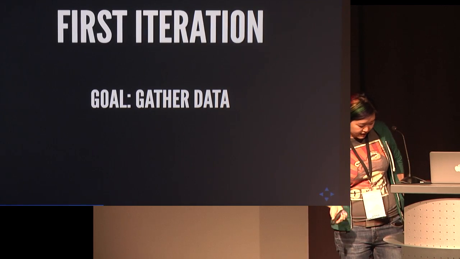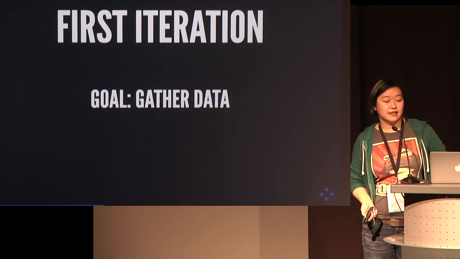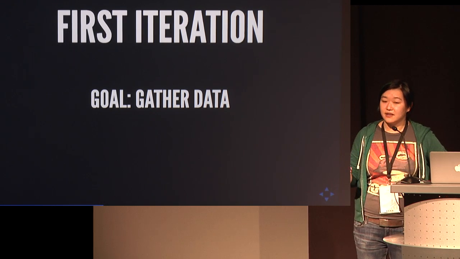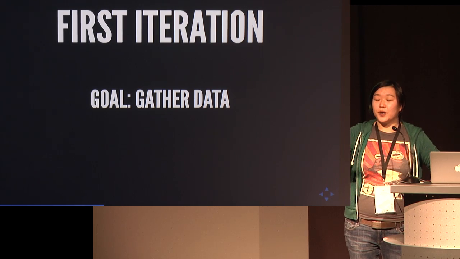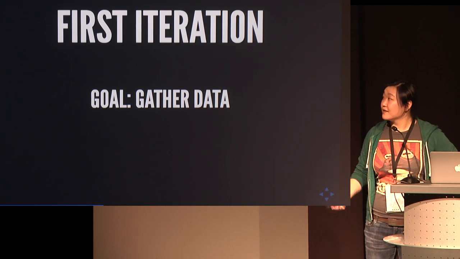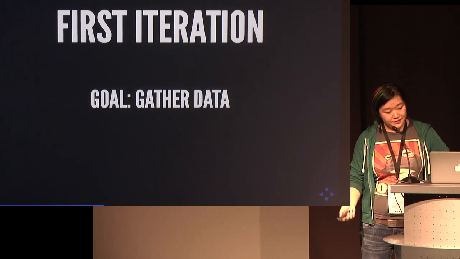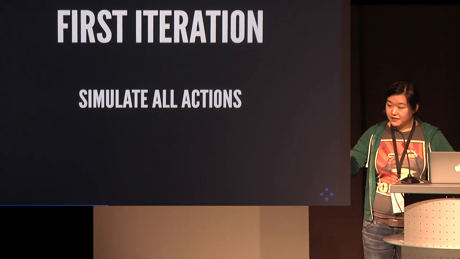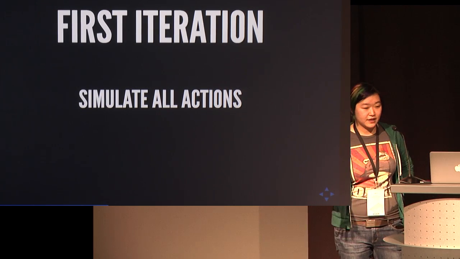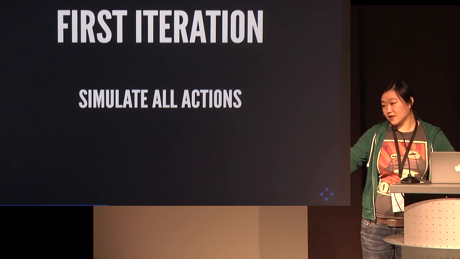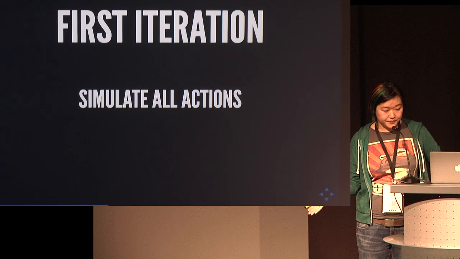The idea was that I try to predict the best possible move for every turn. The way I did that was to simulate all actions. If I have a board state, let's say the first state when I start playing the game, then I'm going to simulate all possible actions, so 4 of them.